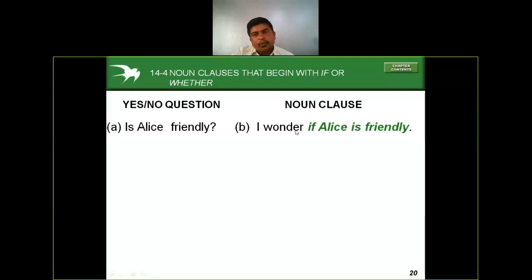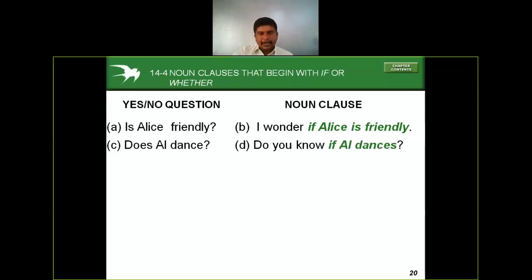See, when the same yes or no question is used in the noun clause, just see the position of the auxiliary verb. It has come after the noun or subject. Now, does Al dance? Do you know if Al dances?